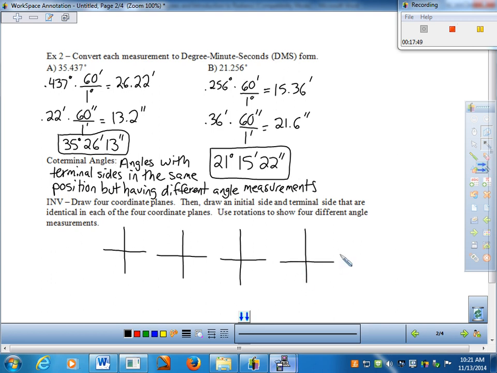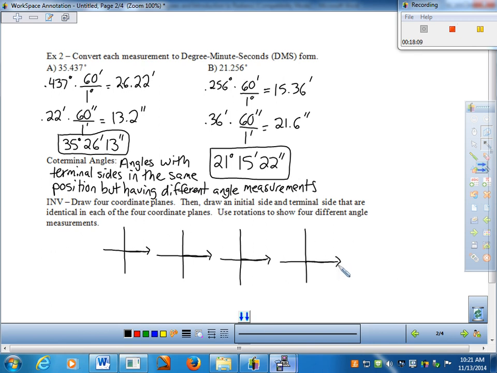All right, looks good. Then draw an initial side and terminal side that are identical in each of the 4 coordinate planes. Interesting, okay. So let's go initial side. I'm going to do initial sides on all 4 of them just to get it rolling. So standard position, of course.